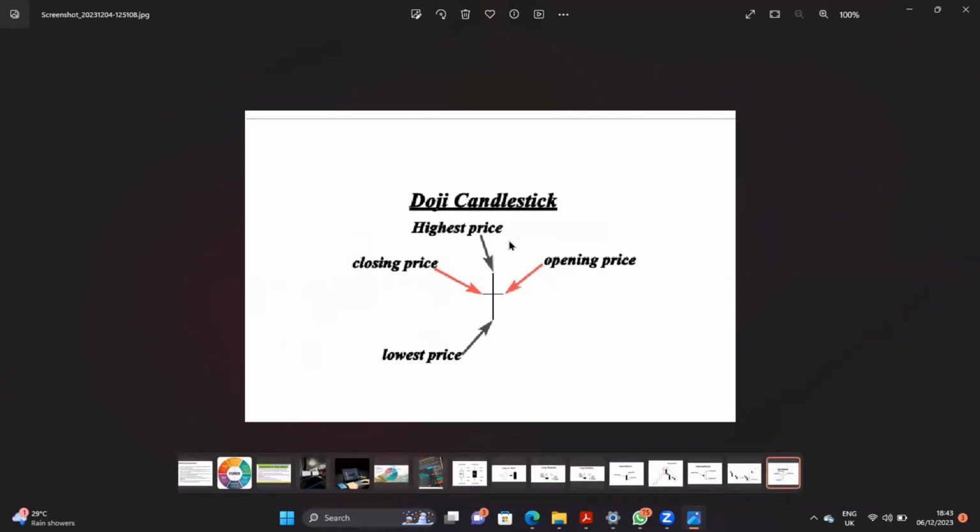All right. So the doji candlestick is one of the most important Japanese candlestick patterns. When this candlestick forms, it tells us that the market opens and closes at the same price, which means that there is equality and indecision between buyers and sellers. There's no one in control of the market.